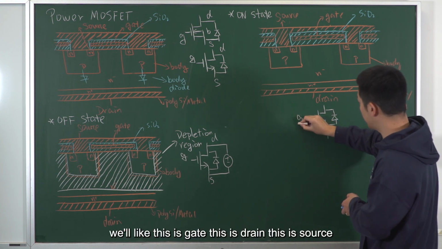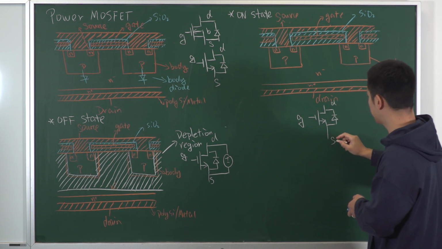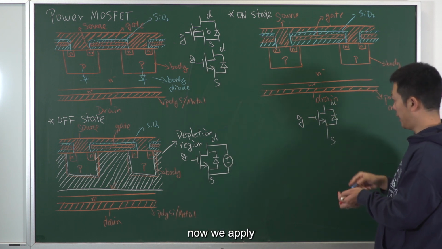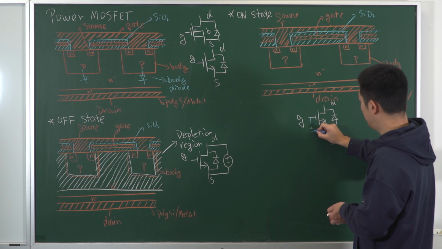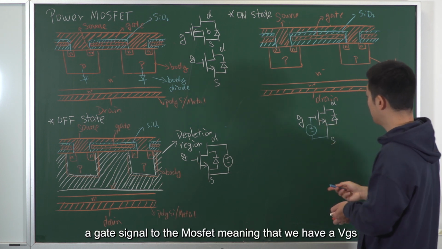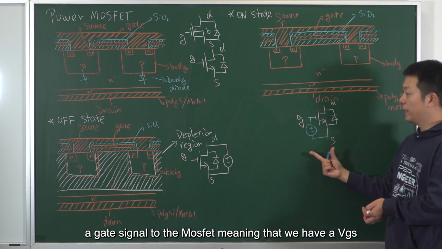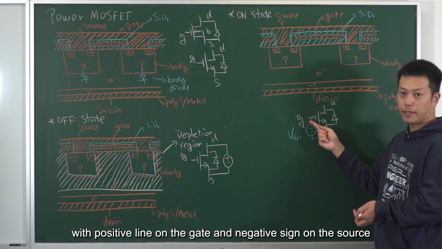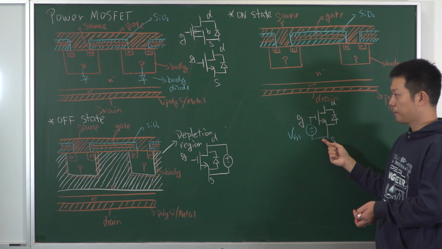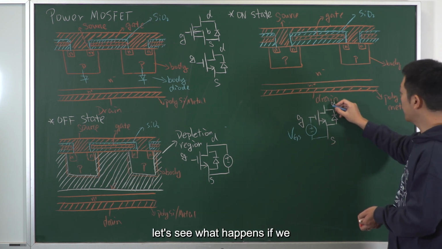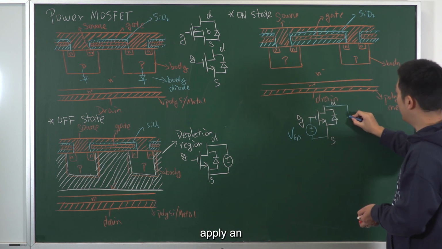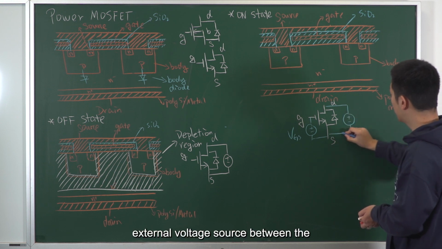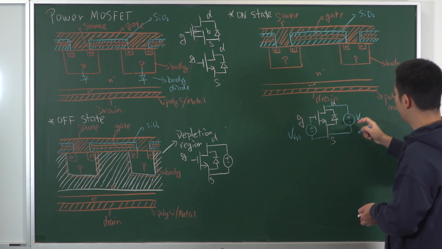This is gate, this is drain, this is source. Now we apply a gate signal to the MOSFET, meaning that we have a VGS with positive sign on the gate and negative sign on the source.